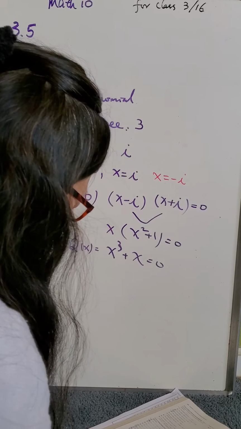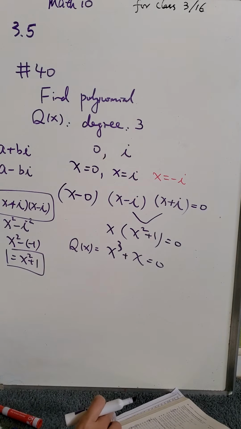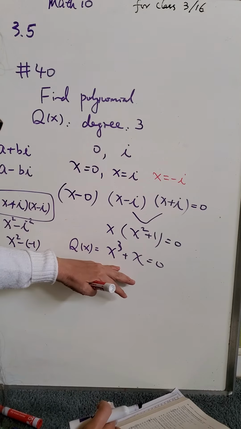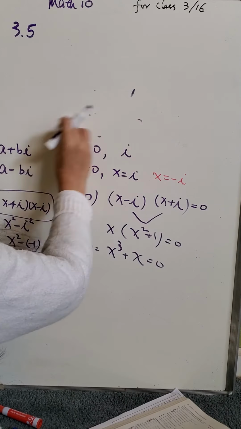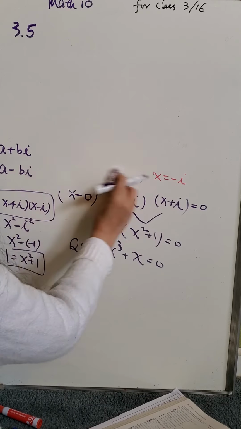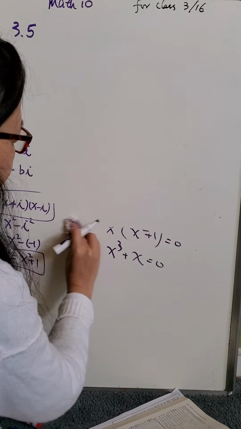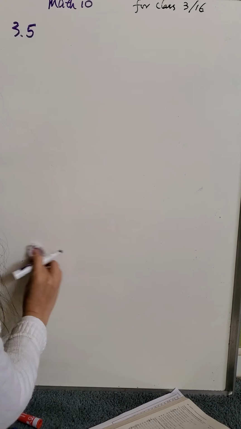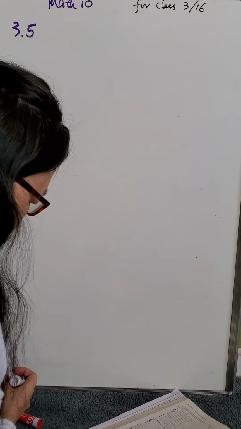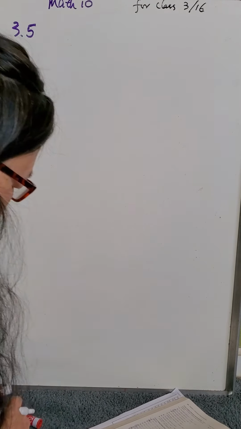And now we're going to learn how to find all the solutions. If I give you this one, can you find the solutions for me? We're going the other way. And this is point number 15.4.